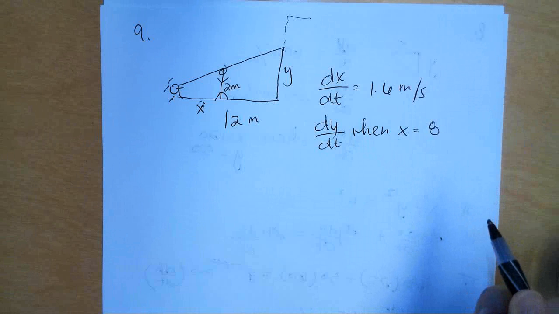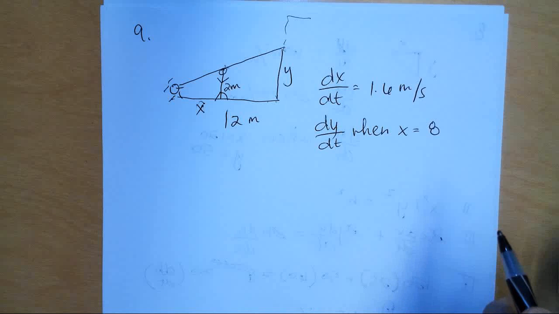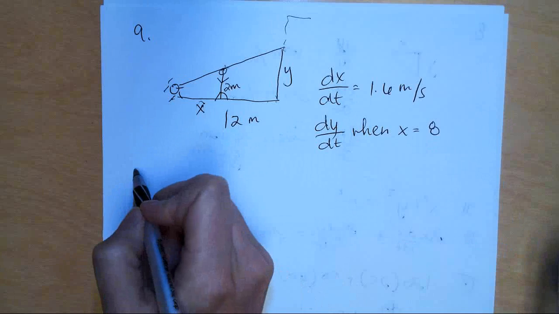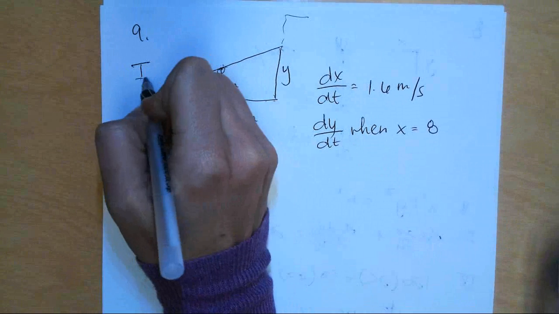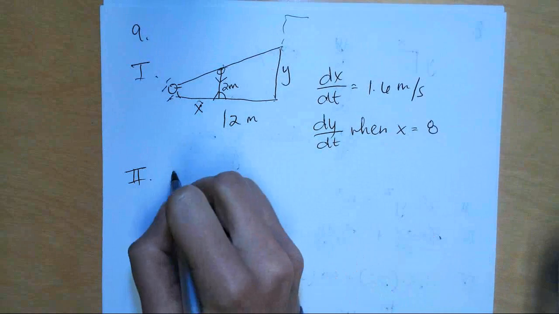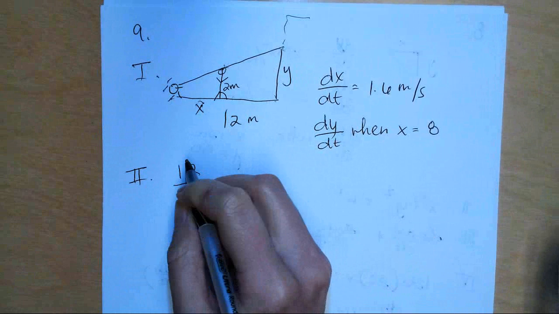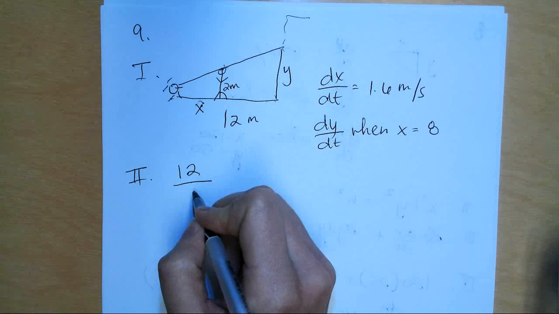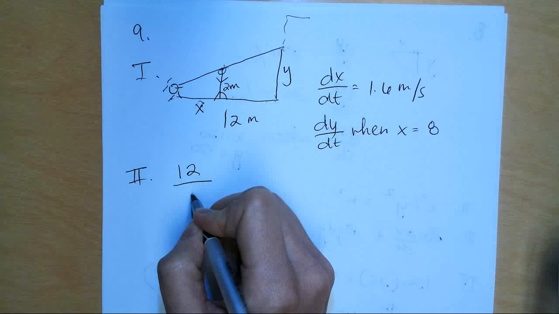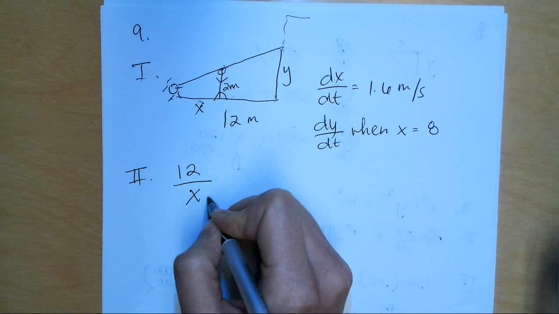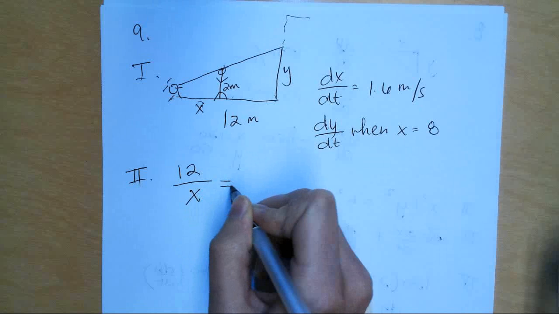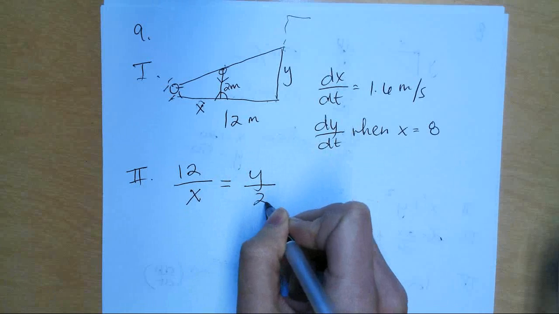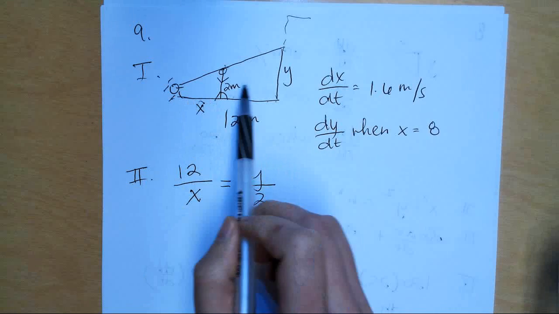So what am I going to use to relate these? What did I say about shadow problems? Similar triangles. Okay, so I have 12 is to X as Y is to 2, yeah. 12 is to this little one as the big one is to the small one.